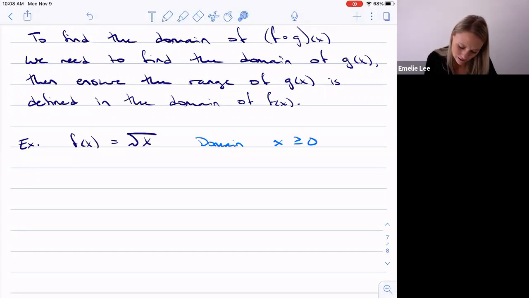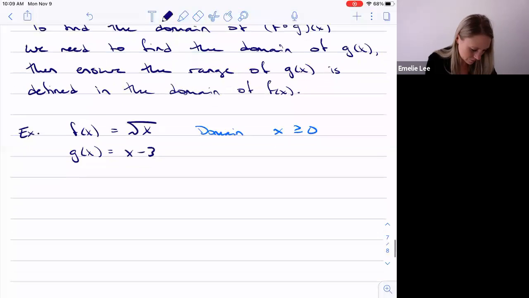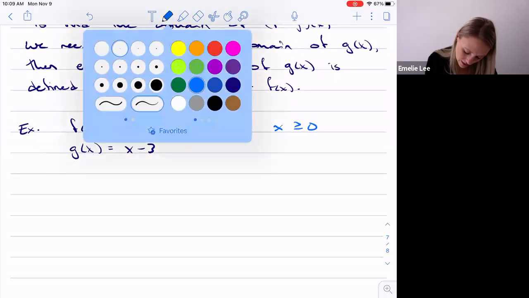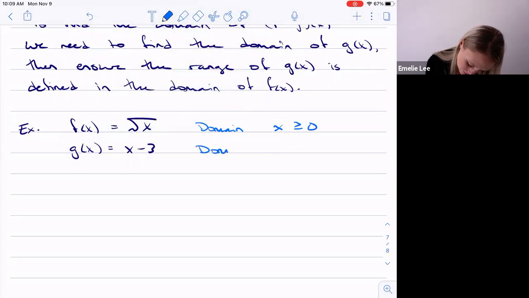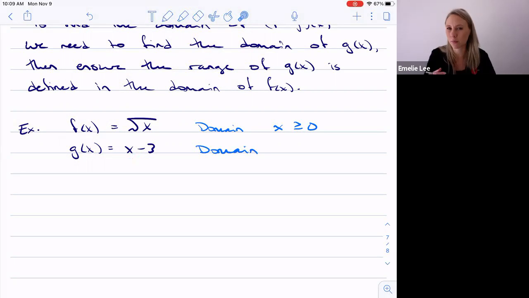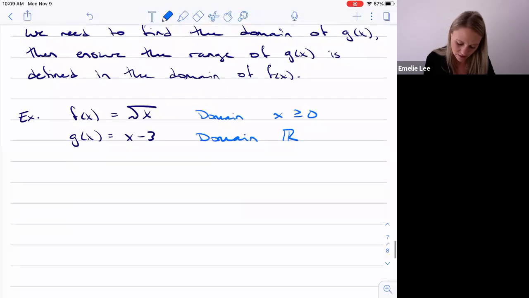Okay, I'm just adding that in as I go, but g of x is going to be x minus 3. Make a note here. The domain of x minus 3, I can plug in any value of x and there's no illegal math involved. So the domain here is the set of real numbers. I can plug in any value of x into g of x and it's still allowed.